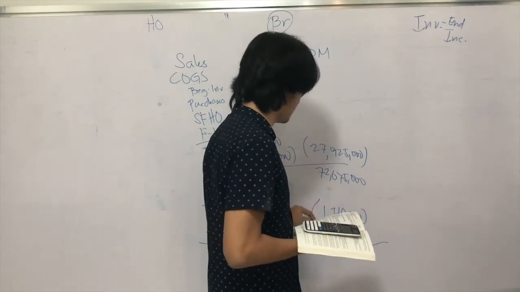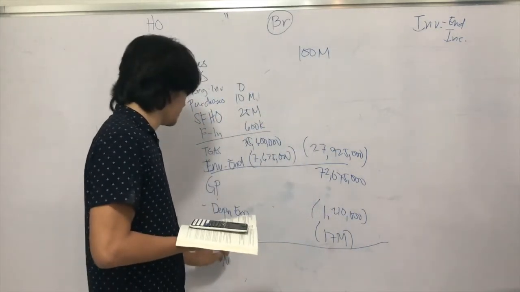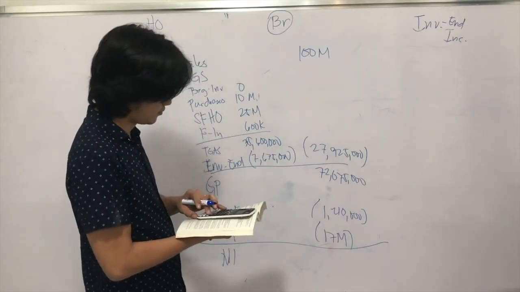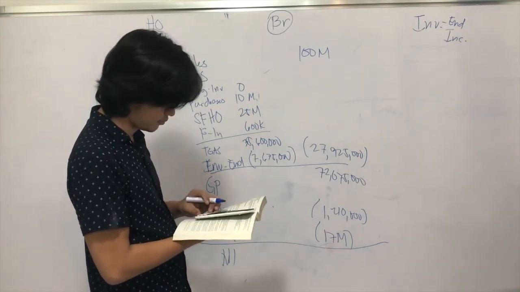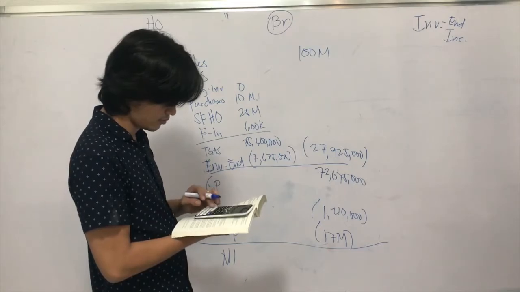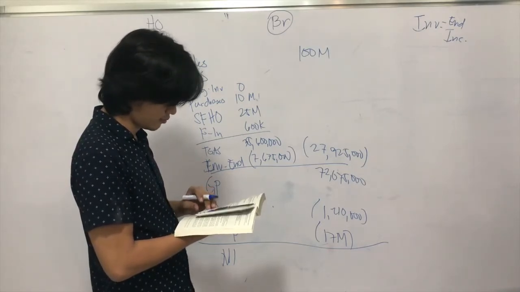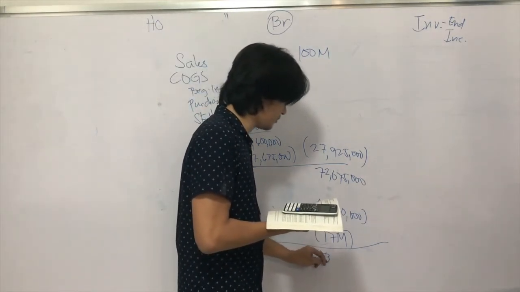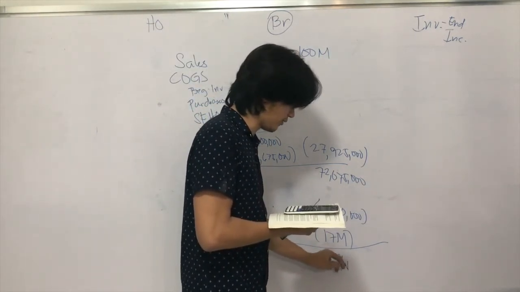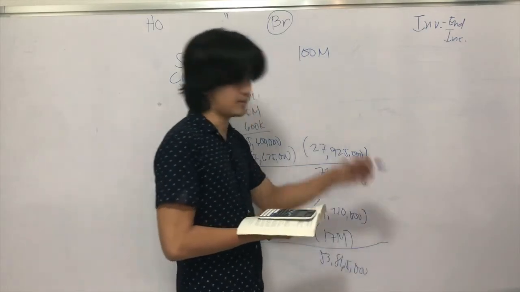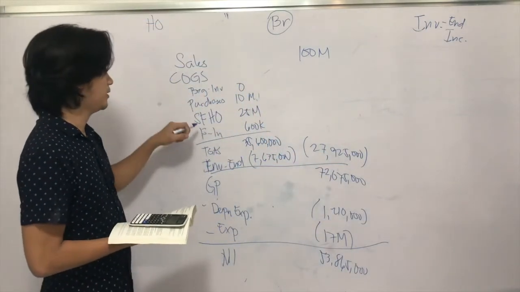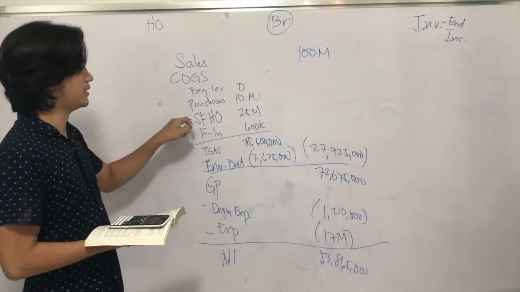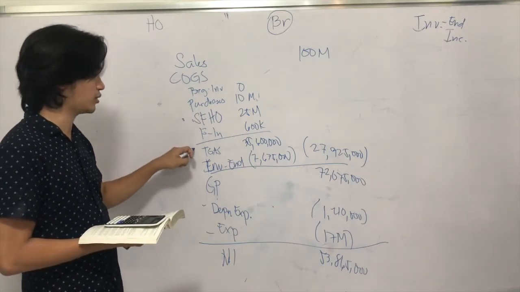We get the net income of 53,865,000. So again, I repeat, shipments from home office is added in order to get the total goods available for sale.